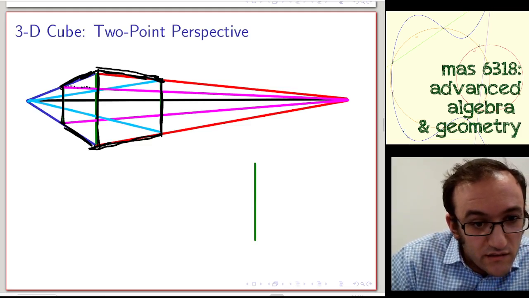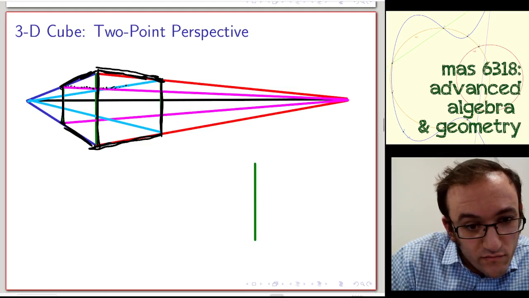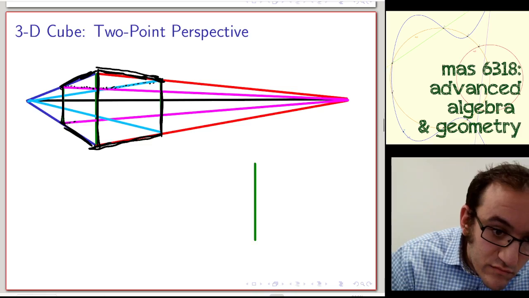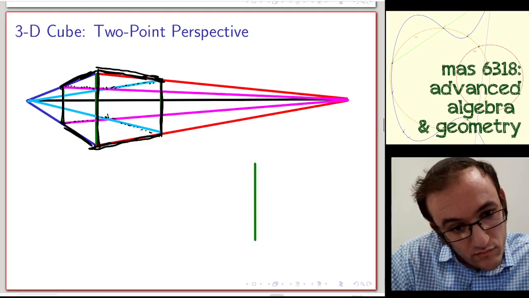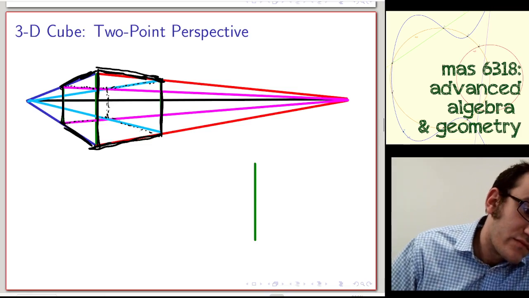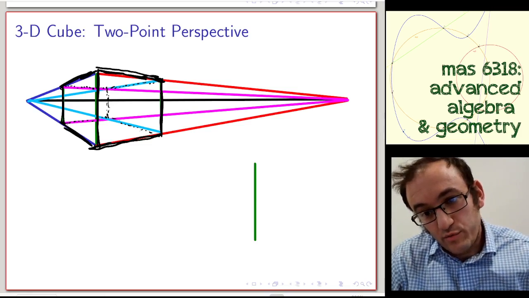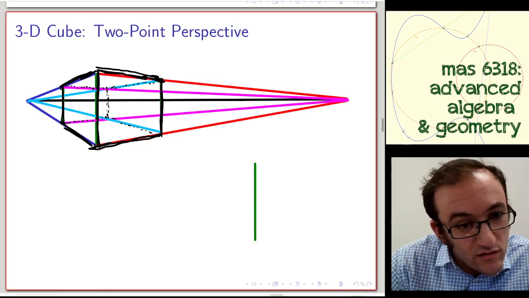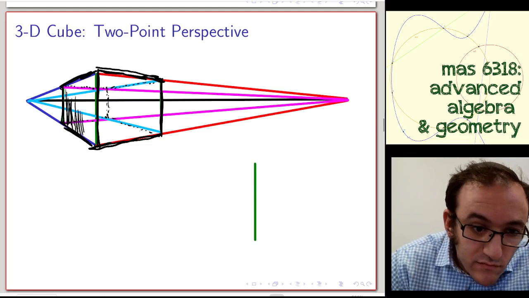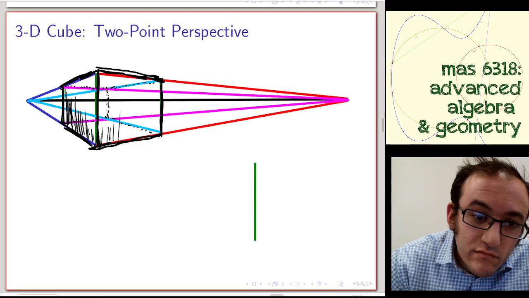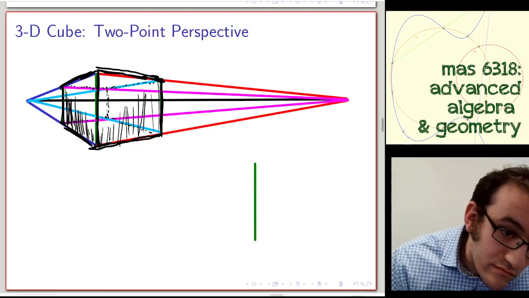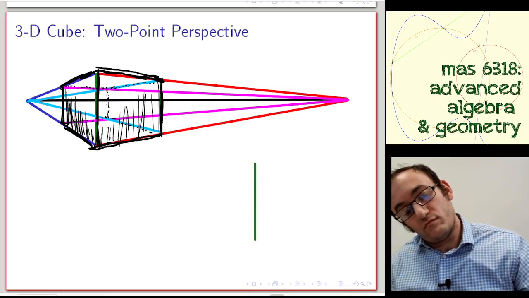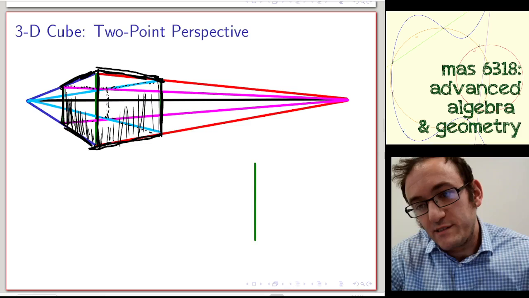Okay, we've got some dotted lines here. Okay, so this is the cube. We can shade it a bit if we like. Okay, that's a cube.